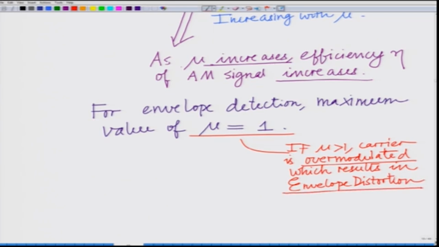Put these two things together, now you can see that efficiency is increasing with mu, and the maximum value of mu is equal to 1 for envelope detection.